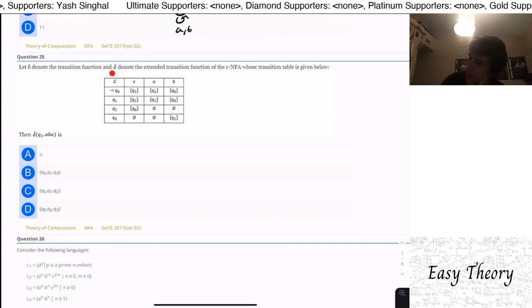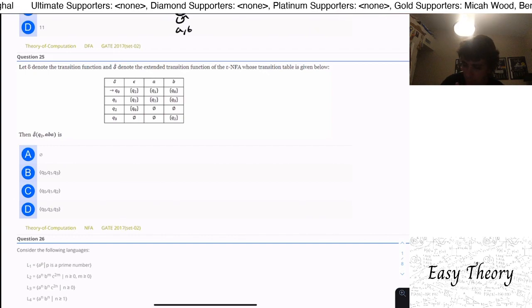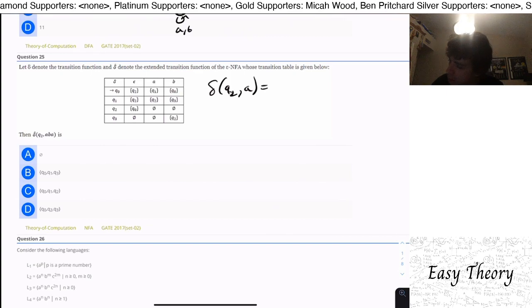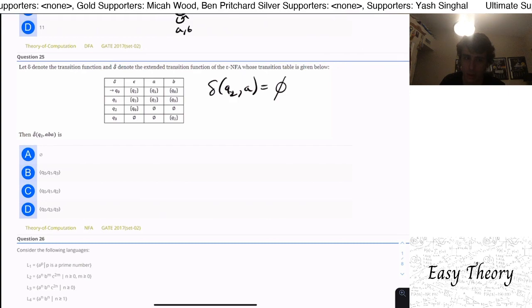Let delta denote the transition function, delta hat be the extended one of the epsilon NFA, given by this. Then what is the extended transition function of ABA? So what's the transition function from Q2? Let's just go one character at a time. Well, Q2 on A, oh, that goes nowhere. Is it really nowhere?